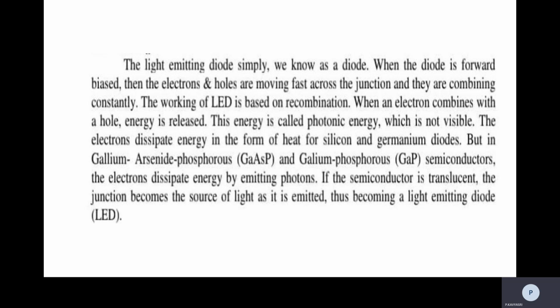That energy is called photonic energy, and this photonic energy is dissipated in the form of emitting photons. Whereas in silicon and germanium, it happens through heat, in some materials like gallium arsenide phosphide, it is discharged by emitting photons. Because of this reason, light is emitted. Hence, we call it a light emitting diode.